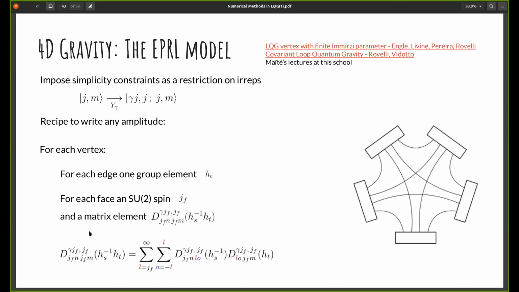So when you split the SL2C representation in source and target, you not only get the sum over the magnetic index of SU2, you also get a sum over all the possible SU2 representations in the gamma j, j SL2C representation.